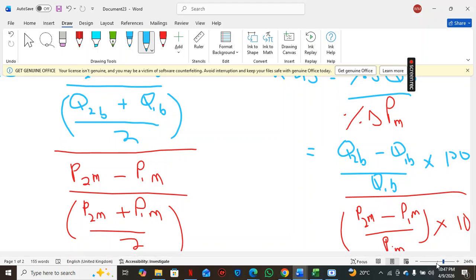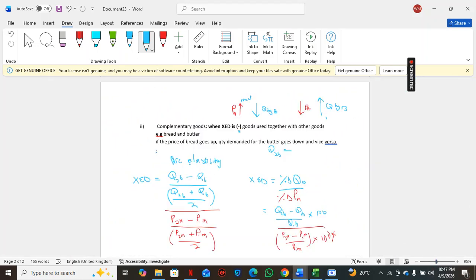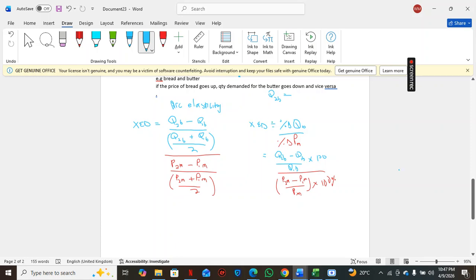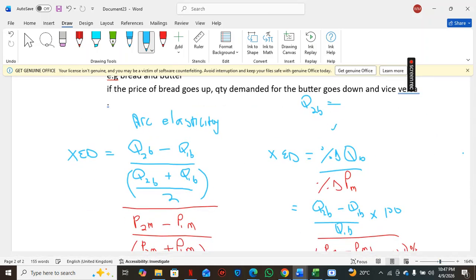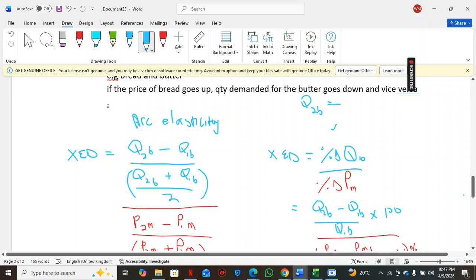Okay. So what I'll do is solve using the arc elasticity approach, where you use a formula like this. Then you will try to solve using the ordinary method, where it's percent change in quantity demanded over percent change in price.